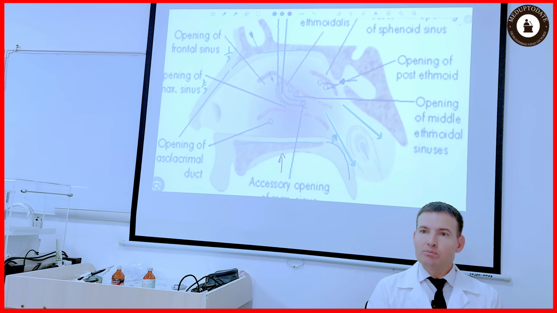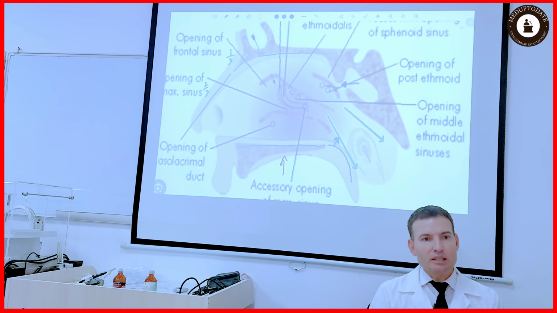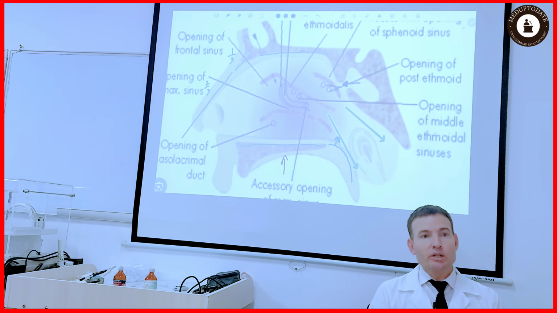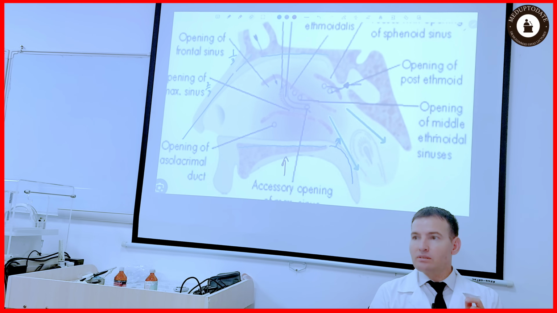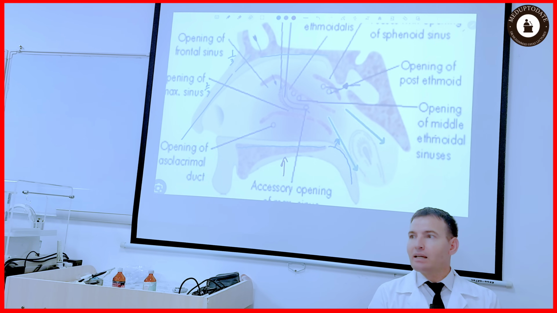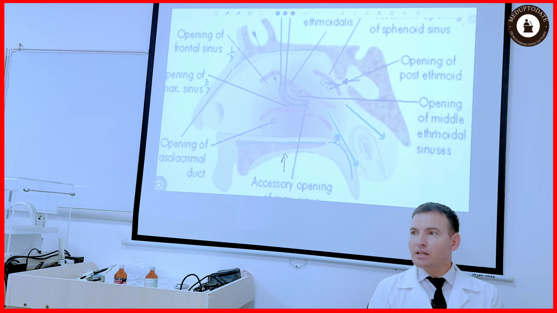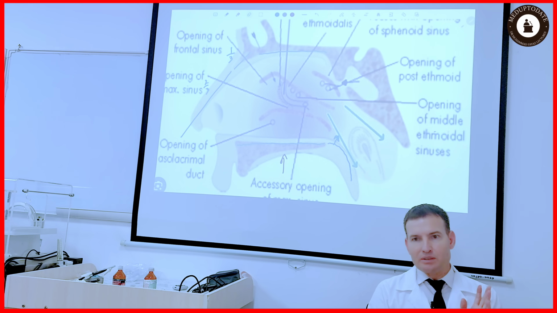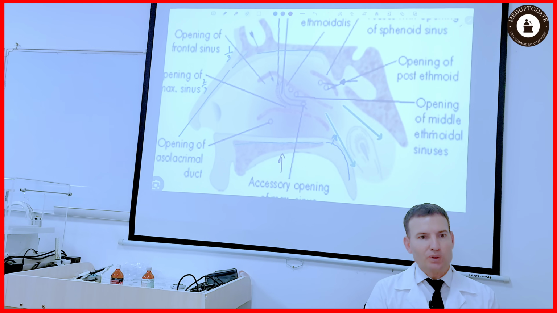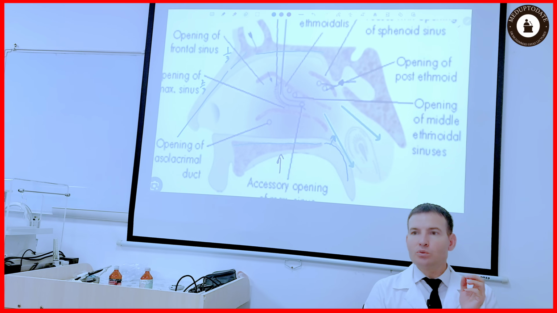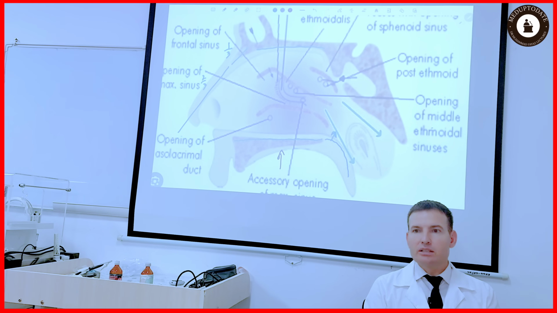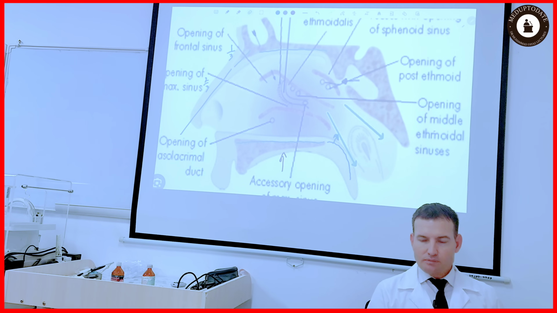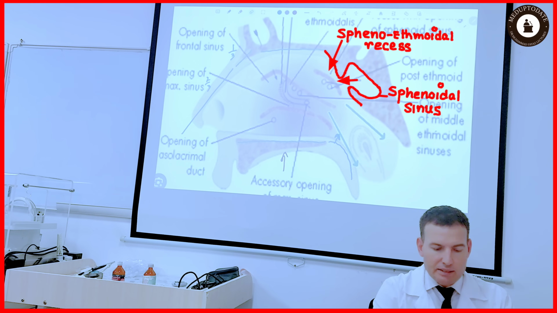Okay, and during physical examination you will examine each opening, and you must locate where a particular opening is, in which specific meatus and which specific part of the nasal cavity. Then you will be able to examine well and understand which particular sinus has been inflamed.